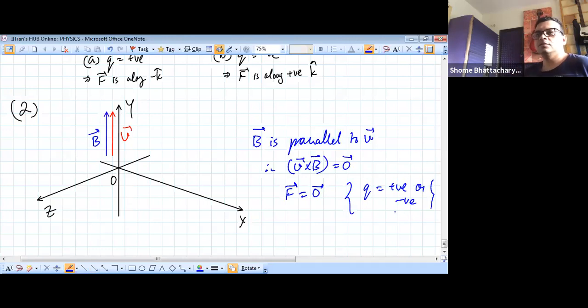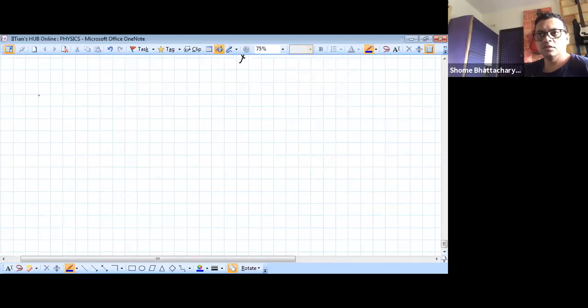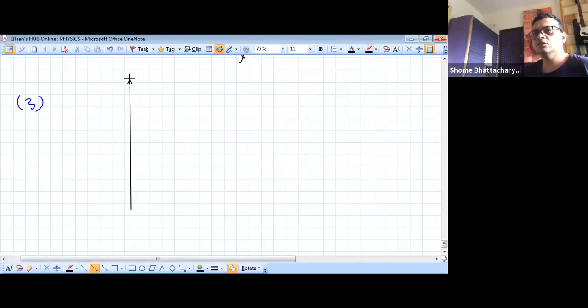And the third part you do in a similar way, which we did earlier. In the third part, you will see what is happening is our velocity is along the negative y-axis and your magnetic field is along the z-axis.